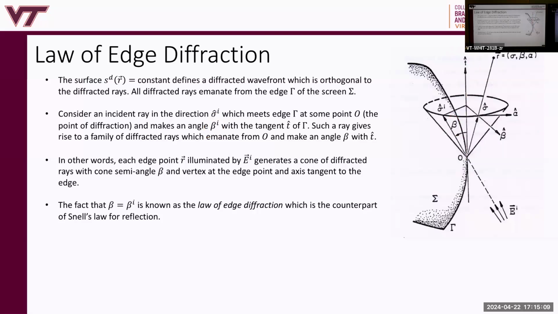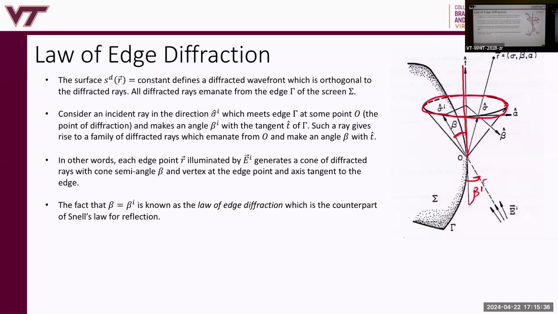Such a ray gives rise to a family of diffracted rays which emanate from O and make the same angle beta with T. So beta is the angle that the incident field makes with the tangent, and beta is the same angle, just like the law of reflection, Snell's law, but now it's the law of diffraction because it applies to an entire cone with that same cone angle.